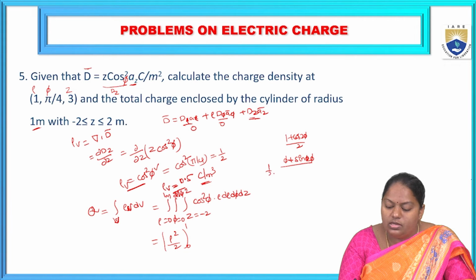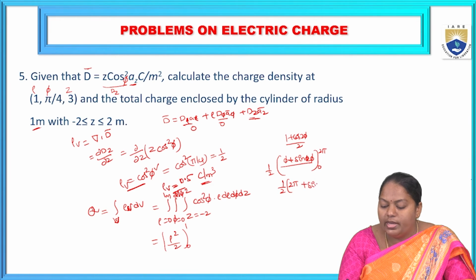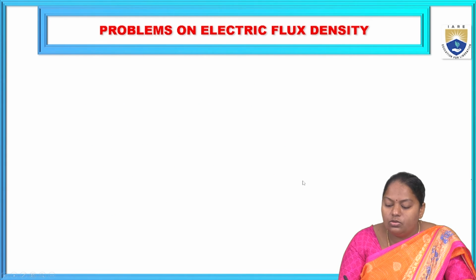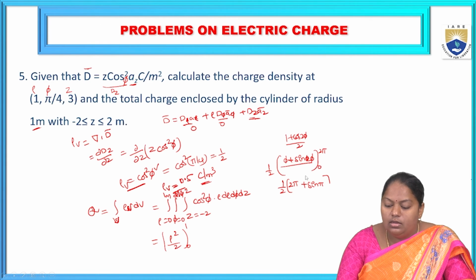If you take 1 by 2 out, then substitute the limits 0 to 2 pi: 1 by 2 into 2 pi plus sine 4 pi, and if you substitute 0, then it becomes zero. Now this will be the negative term.